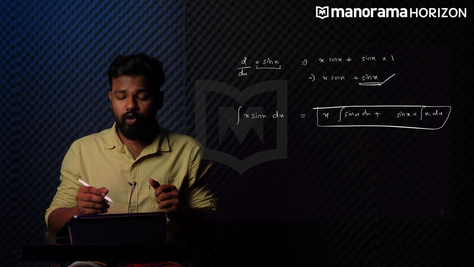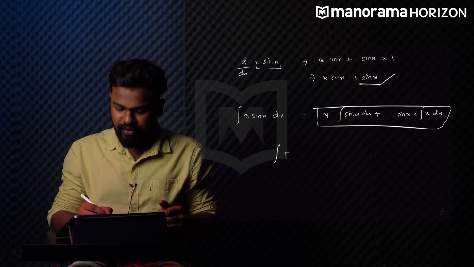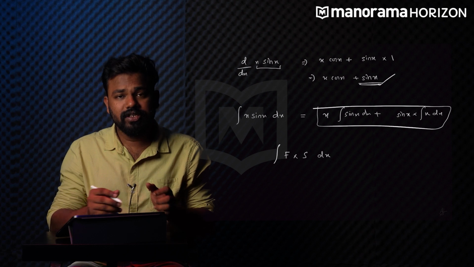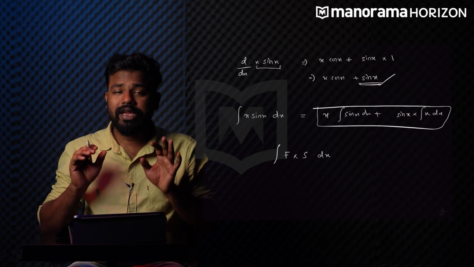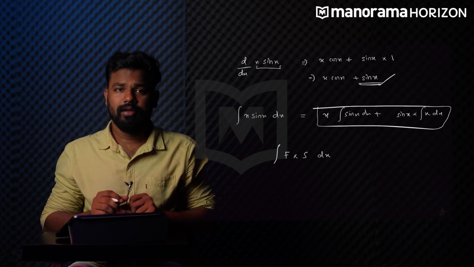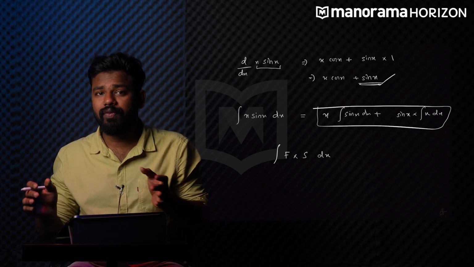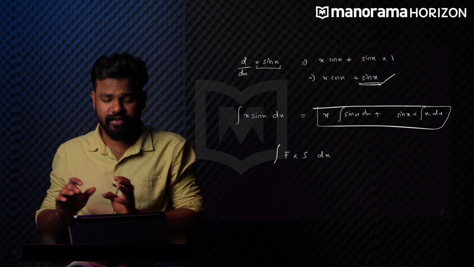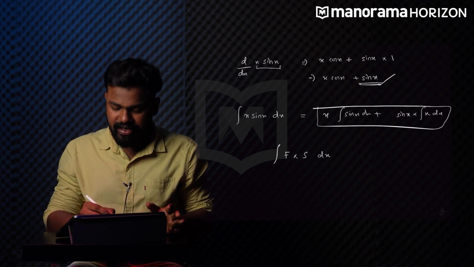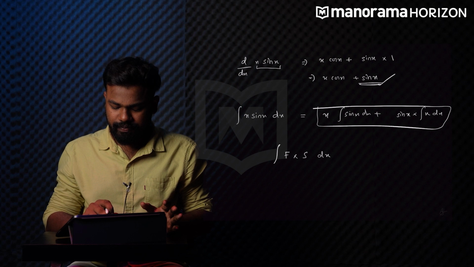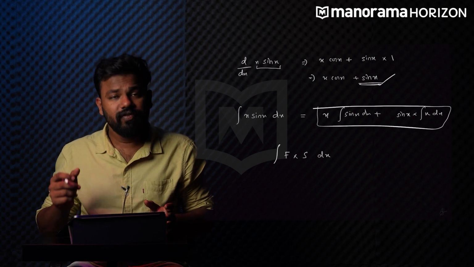So suppose you have two functions, the integral of a first function and a second function, which is in the form of a product. To integrate this particular product, you have to identify which is the first function and which is the second function, which I will tell you later in the session. Suppose I'm taking f for the first function and s for the second function.